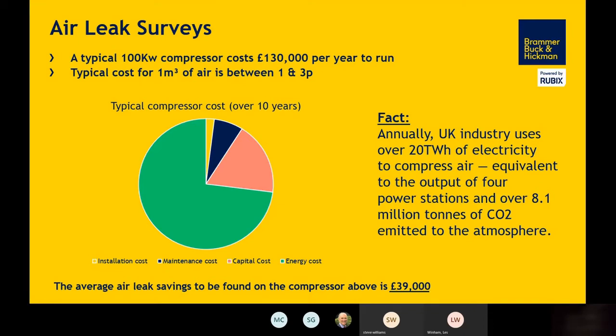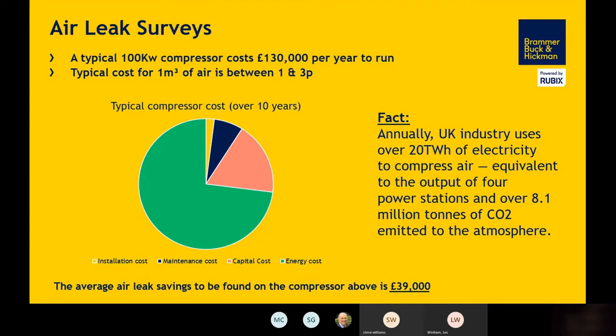Going with UK averages for compressor costs and leakages, we go off what is called the 30-30 model. An example UK business has a £400,000 electricity bill, of which 30% is the normal percentage to power your compressors, in this instance around £130,000.